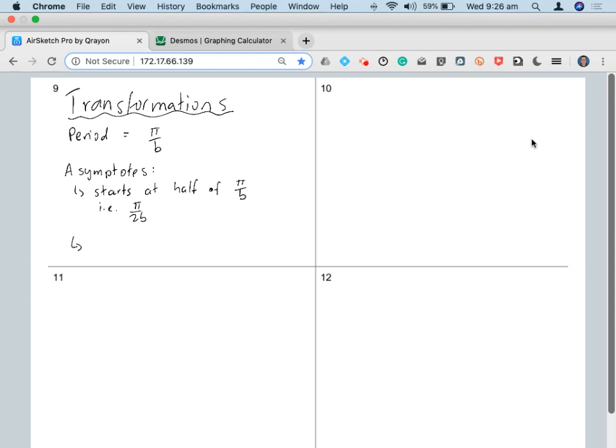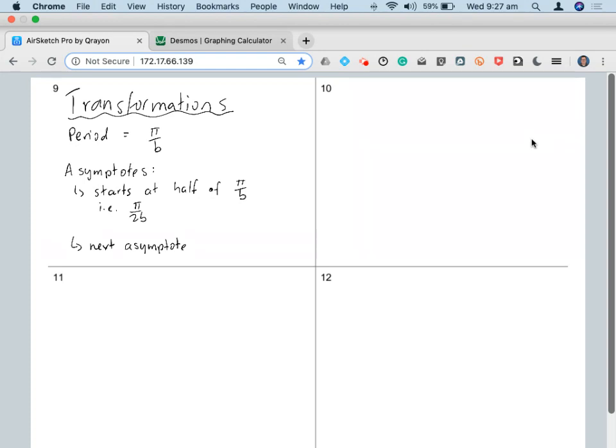It's a periodic function, which means it repeats itself every period. So the same thing happens here, in that the next asymptote is one period, one cycle, away. Now, in the textbook, you will find a rather complicated looking expression to describe the asymptote.